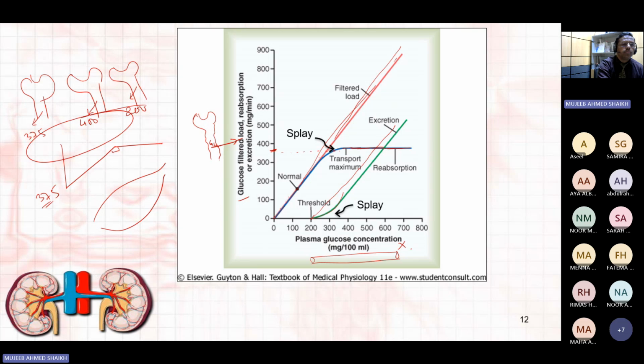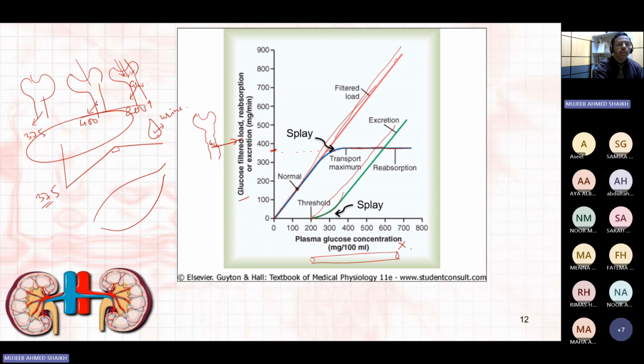Now suppose the fluid is filtered through this nephron, which contains glucose. If the glucose load increases to more than 200, it will start to appear where? It will start to appear in the urine.